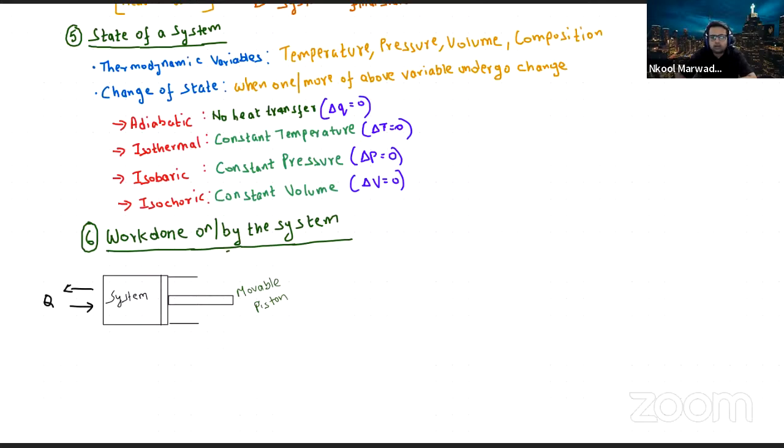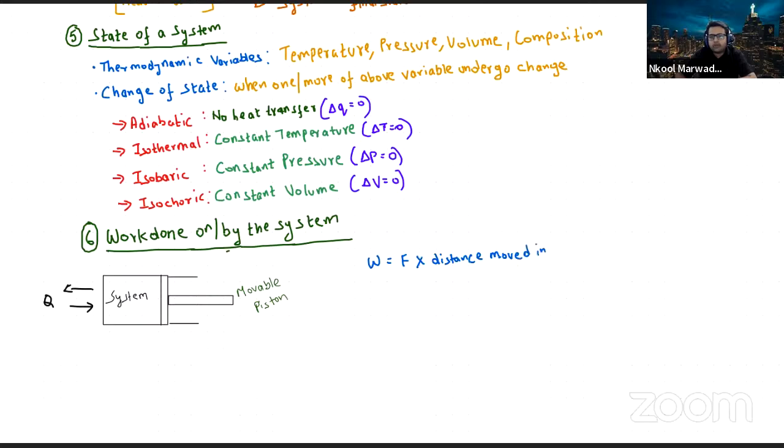We know that work done is equal to force into displacement. But here the work done will be force into distance moved in the direction of the force.